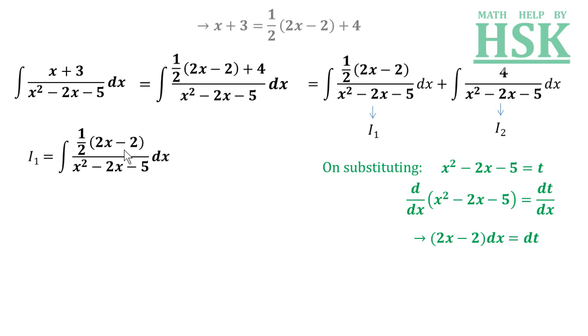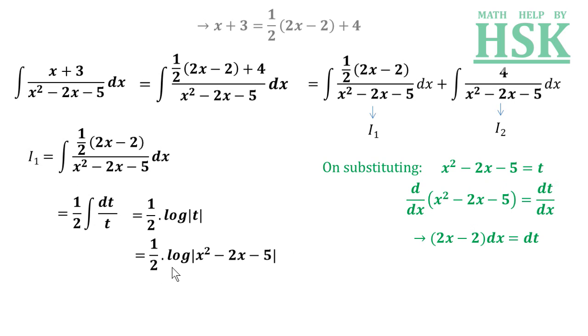So I am going to replace this with dt and obtain 1 by 2 dt upon t. Now integration of 1 upon t is log t, so this will be equal to 1 upon 2 log t. Placing the value of t, I get I1 as equal to 1 upon 2 times log of x square minus 2x minus 5.